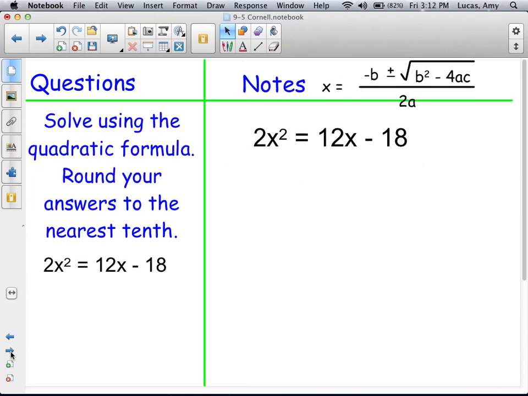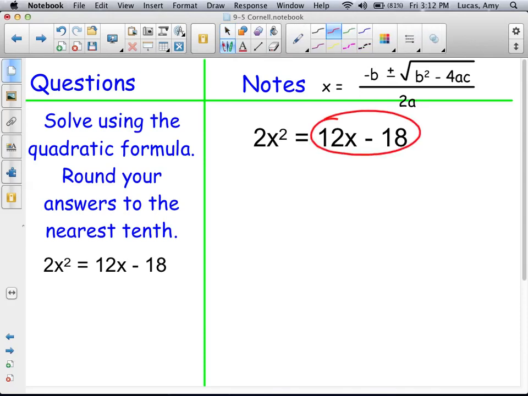Now the directions have changed on our next example. We're going back to solve using the quadratic formula. Round your answers to the nearest 10. So, to solve using the quadratic formula, remember we need our quadratic in standard form. So I'm going to move both of the terms from the right-hand side over to the left, which changes their signs.